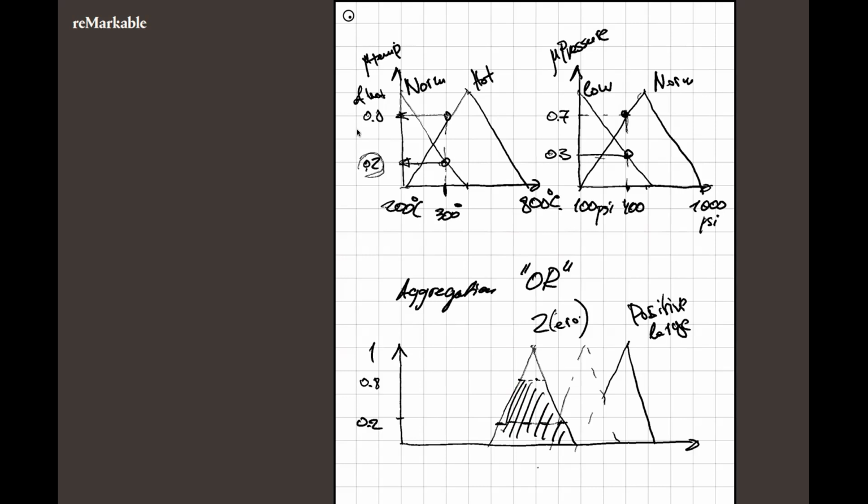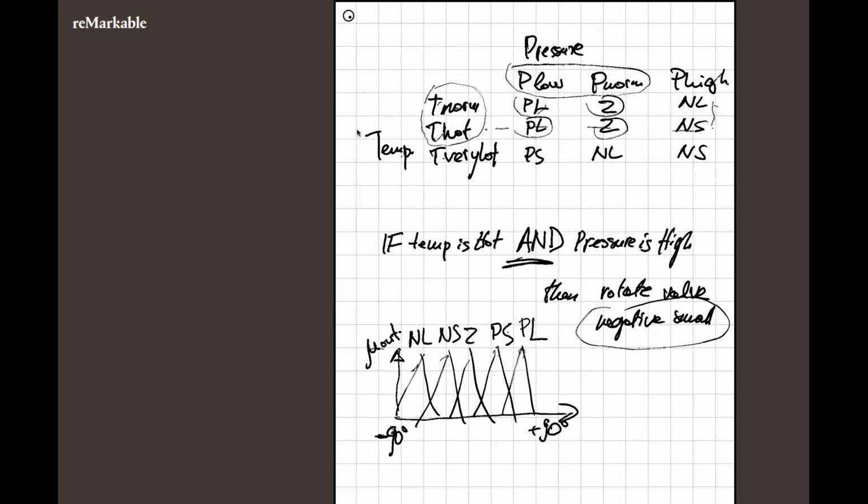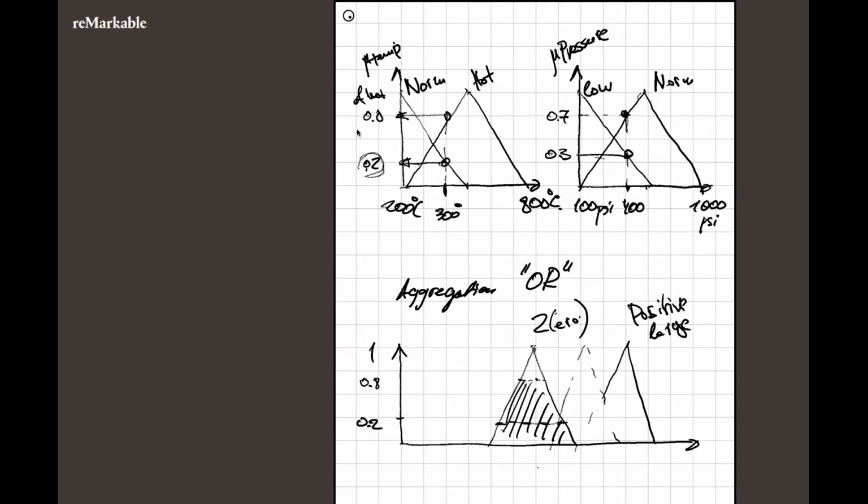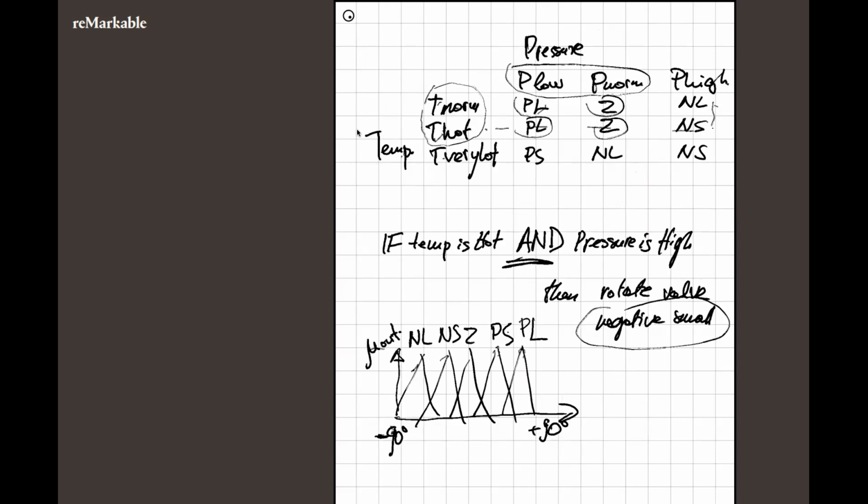And the same goes for the other parts, where we have hot and low, I guess. So hot and low.